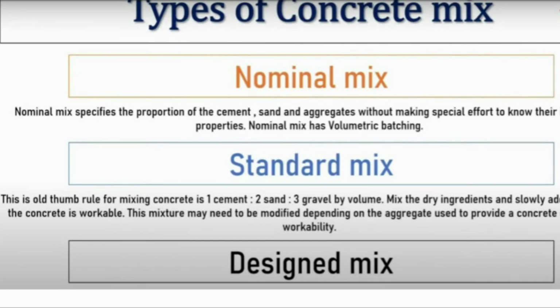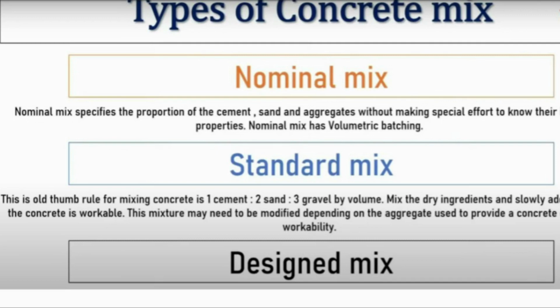So except cement volume, 1 is to 2, 1.5 is to 3, 2 is to 4, 3 is to 6, 4 is to 8. That is the ratios of sand and aggregate respectively for M25, 20, 15, 10, and 5.